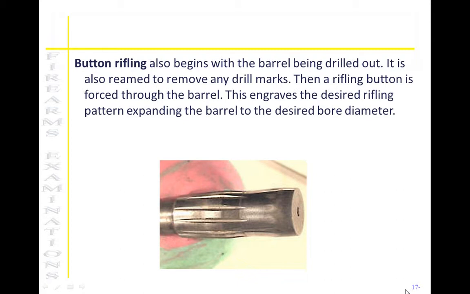Button rifling is done in a similar method, but obviously the instrument is a little bit different. Once again, that barrel is drilled out and then reamed to remove any of the drill marks. Then the button is actually forced through the barrel, which engraves the desired rifling pattern into the barrel itself.